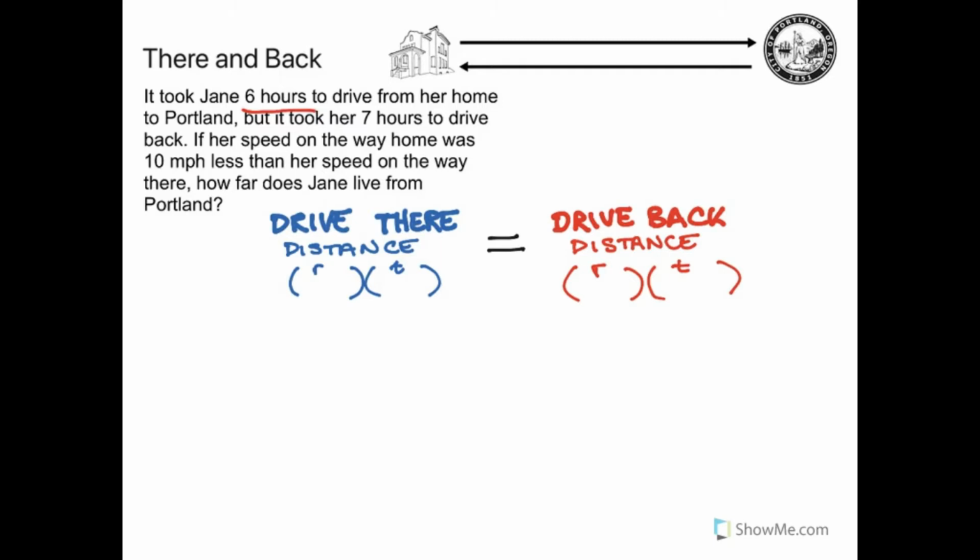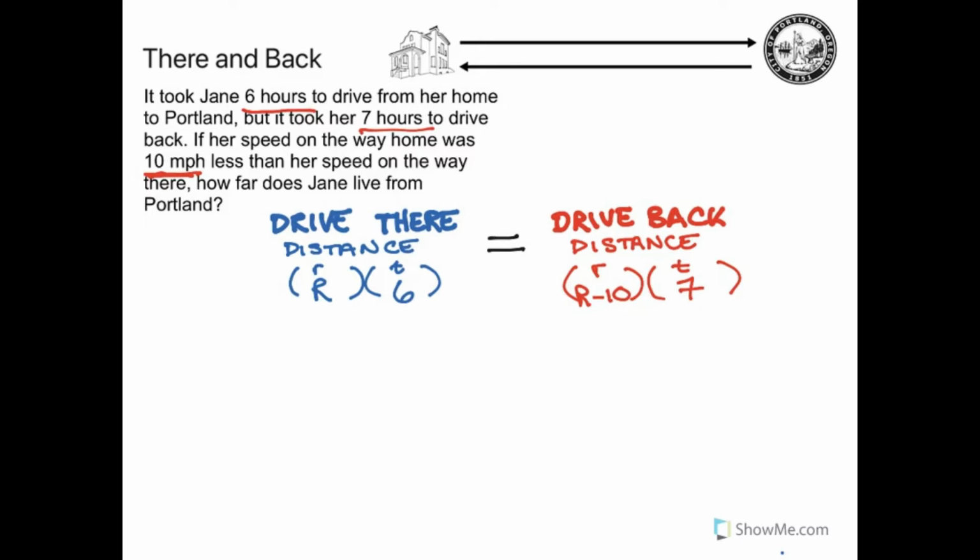So let's fill in 6. And it took 7 hours to drive back. So let's fill in 7. And we know a relationship between the two rates. The drive back, lower speed by 10 miles an hour. So if r is the speed on the drive there, then r minus 10 is the speed on the drive back.